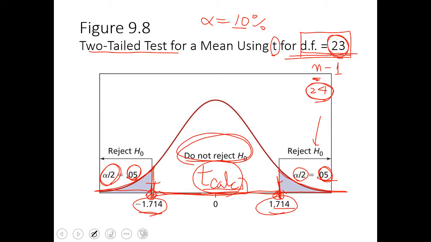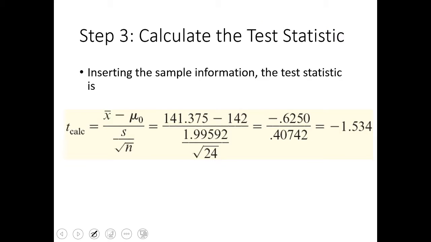But if the t statistic is located in the left tail or right tail part, then we reject the null hypothesis. Okay, it's the same technique as we did in the previous example. So step 3 is to calculate the test statistic.